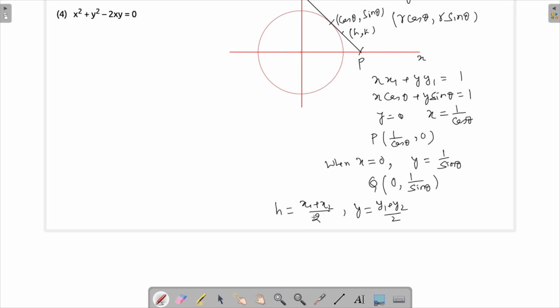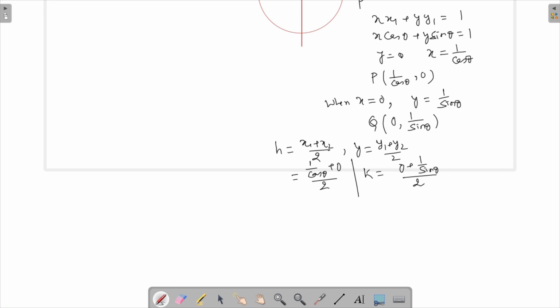In this case, h is going to be equal to 1 by cos theta plus 0, by 2, and similarly, k is going to be equal to 0 plus 1 by sin theta, by 2. From here, what we get is 2h equals 1 by cos theta, or cos theta equals 1 by 2h. Similarly, we get sin theta equals 1 by 2k.